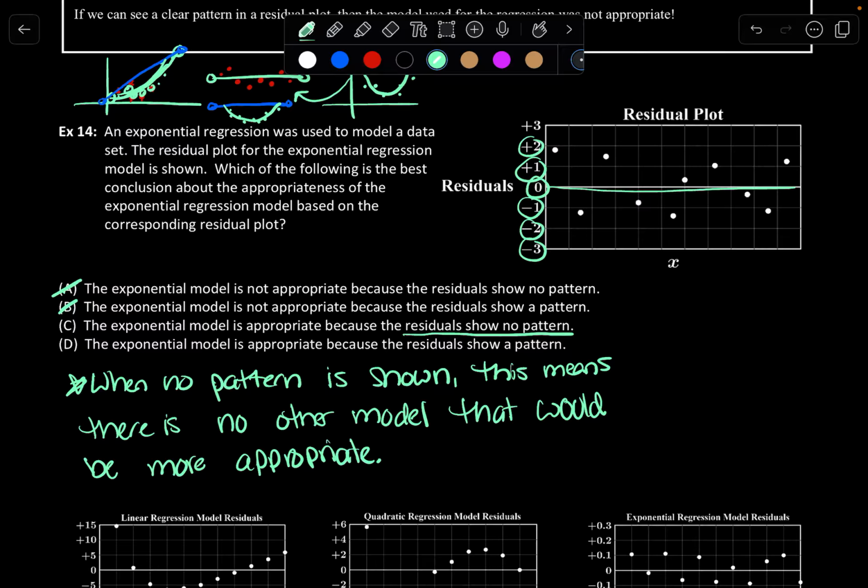So do you see a pattern in the residual plot? If the answer is no, the model is the most appropriate. If you do see a pattern in your residual plot, that means there is a more appropriate model out there.